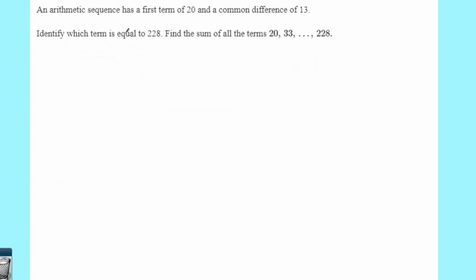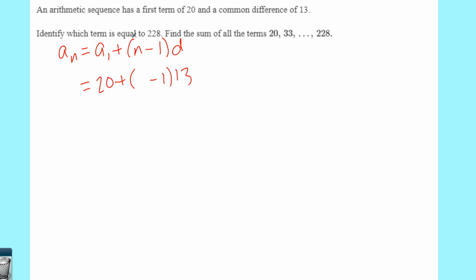All right, an arithmetic sequence has a first term of 20 and a common difference of 13. Identify which term is equal to 228, and then find the sum of all those terms. So we know the nth term would be the first term plus n minus 1 times the difference. Let's plug in what we know. The first term is 20, the difference is 13.